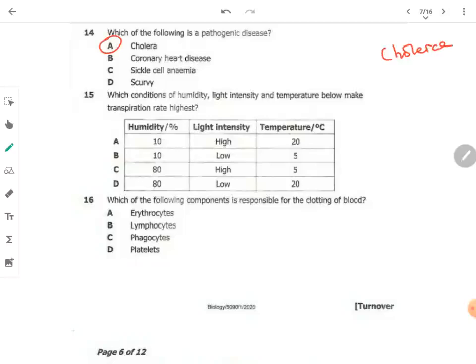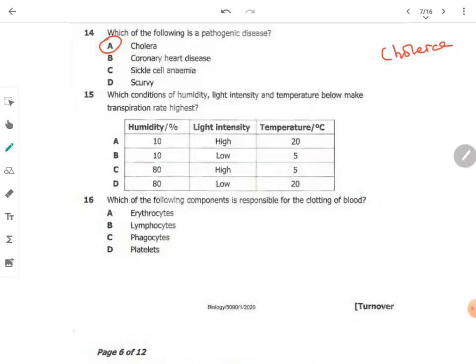Which conditions of humidity, light intensity, and temperature below makes transpiration rate the highest? Now, when you look at that, for transpiration to be high, light intensity must be high, temperature must be moderate, while humidity must be low. Why do we say humidity must be low? Here's the thing.